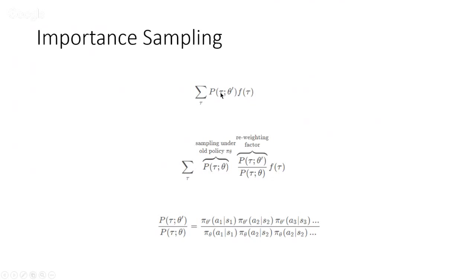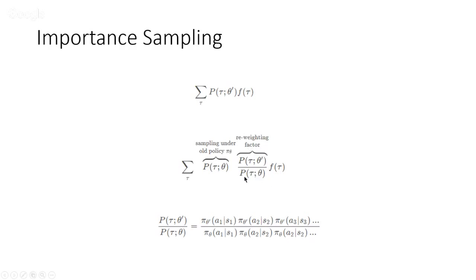Remember, this is not tau prime, this is the same tau. So what is the probability of having the same trajectory given the new theta? This equation right now is incomplete. We need to modify it so that we can use the same previous tau, previous trajectories. We do that by using a reweighing factor.